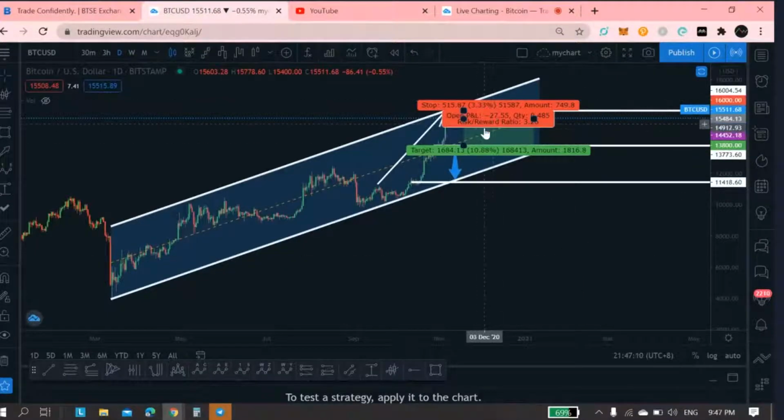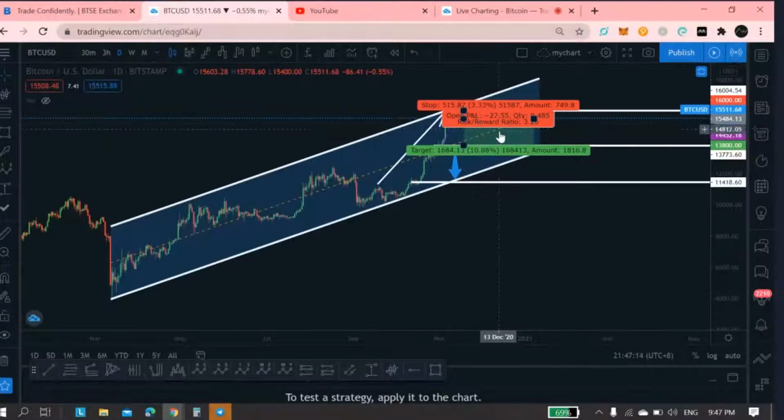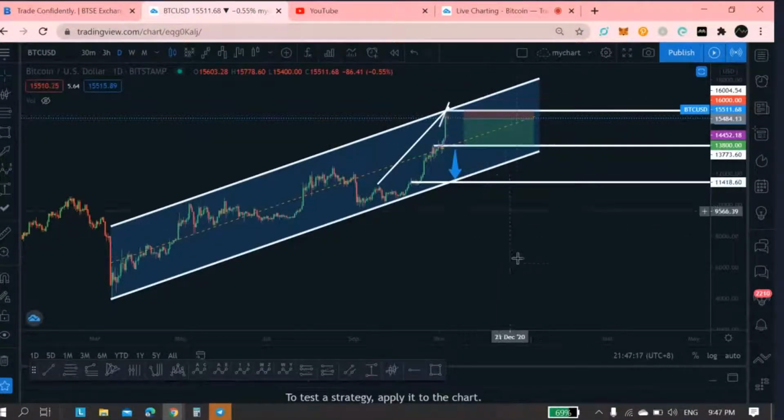I adjust my stop loss if my expectation is materializing, so that at least I only have one option: to get stopped out at a gain or to hit my TP at a gain. So yeah, I think that's it.